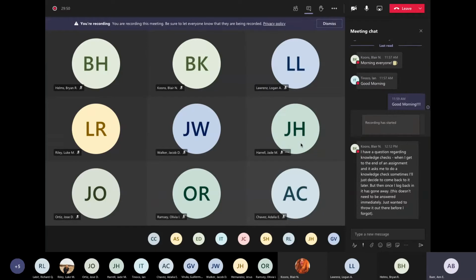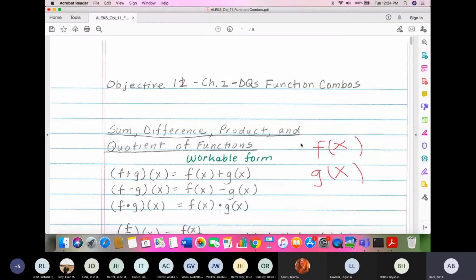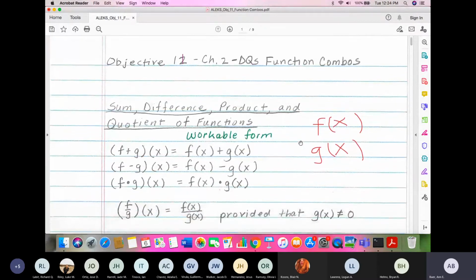So let's go and take a look at what we have in store for today. I will go down to my desktop and let's take a look at the current objective that we're working on right now. We are working on objective number 11, and these notes without the markups are currently in the software.